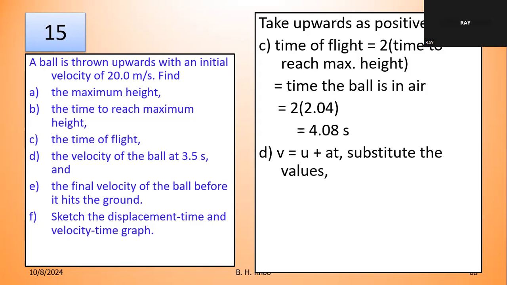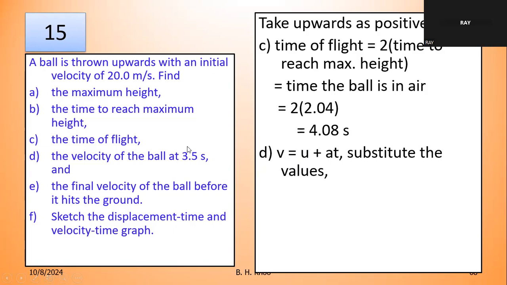V squared equals U squared plus 2AS. No, S is not given. Oh yeah, U is given, A is given, time is given. You want to find V. V is what you want to find.